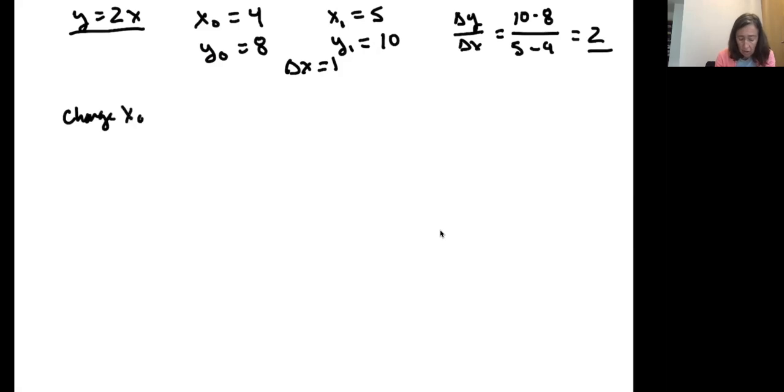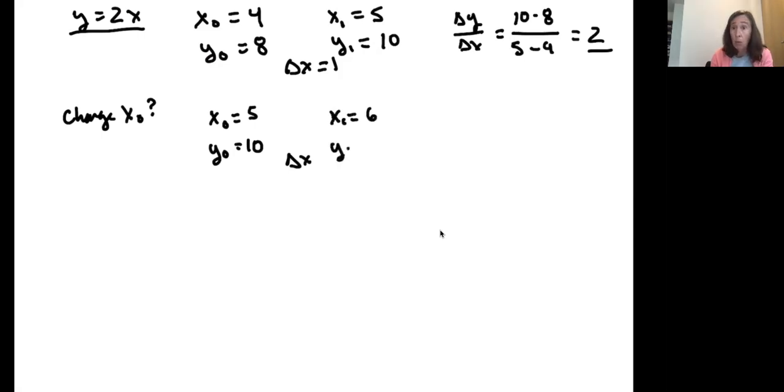What if I change x0? Instead, let's start with 5. So x is 5, y is 10, our starting values. Let's take the same delta x of 1. Now my ending value for x is going to be 6, going up 1, and my ending value for y is going to be 12.